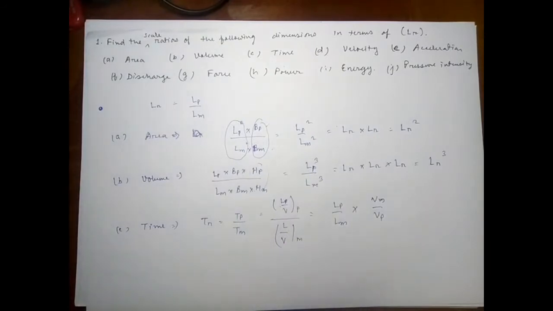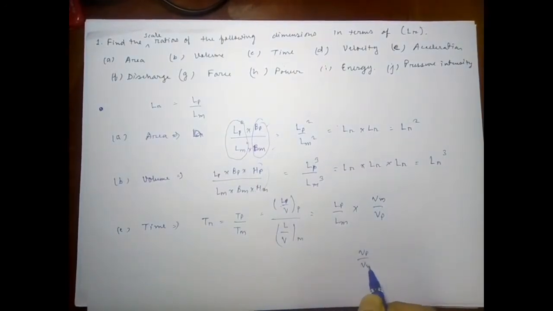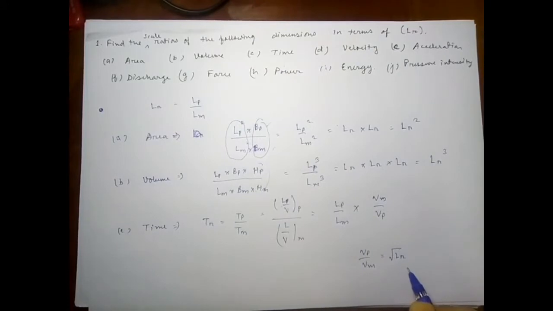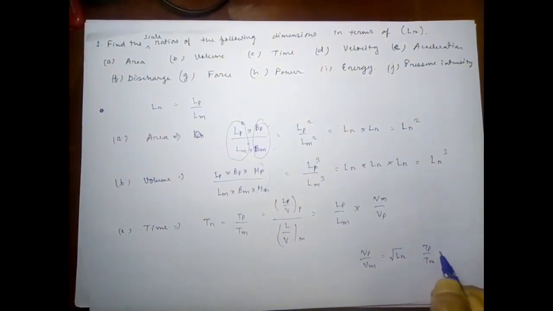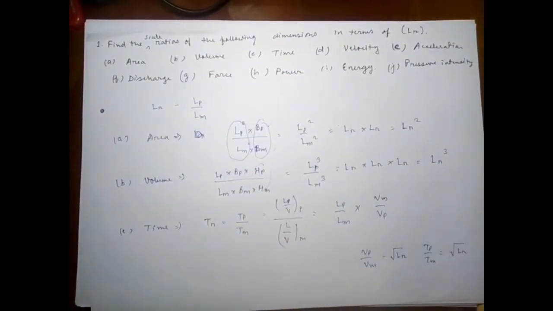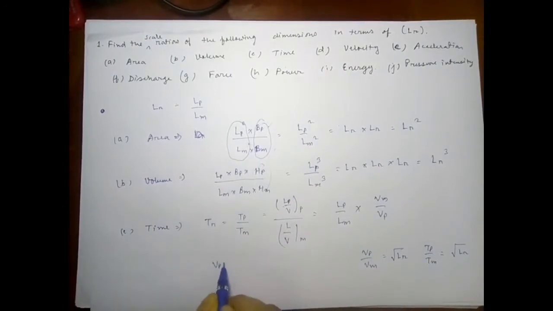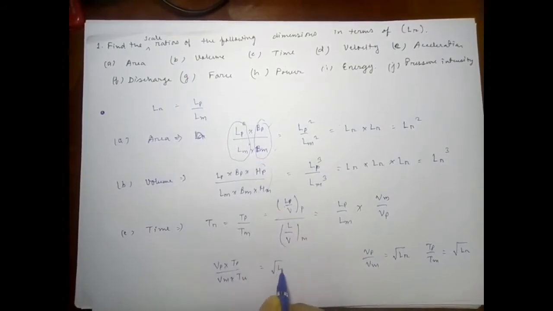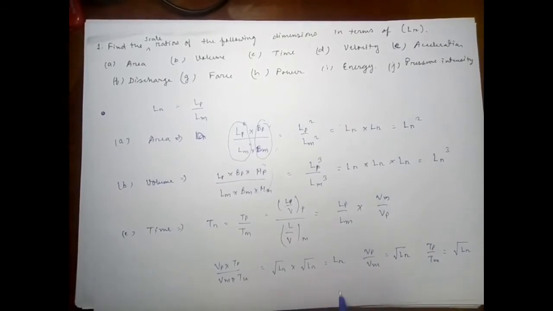So note one thing, that VP upon VM is always considered square root of LR, and also TP upon TM is also considered square root of LR. That's why VP times TP upon VM times TM is equal to square root of LR times square root of LR, and that is equal to LR, right?